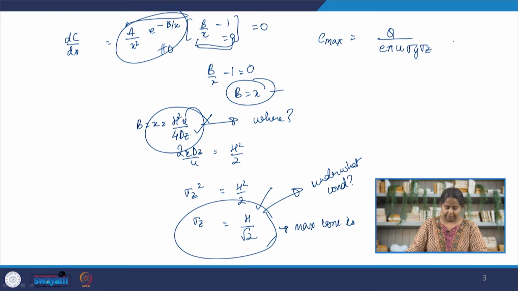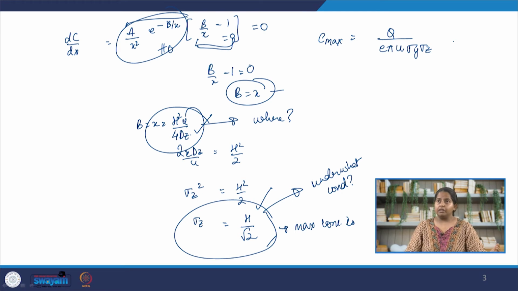Okay, so we have found C max, the location where the concentration will be maximum, and we have also found the relevant sigma z value. The next thing we can do is calculate the required stack height.